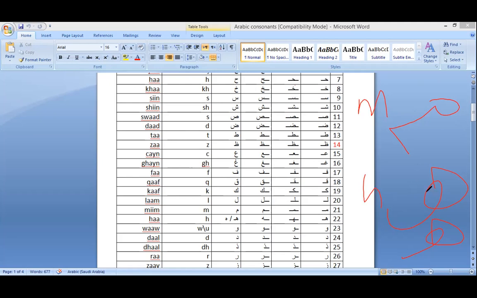Another one, Henry, Hajra, Hussein, Hassan. In Arabic, Hassan begins with Ha.